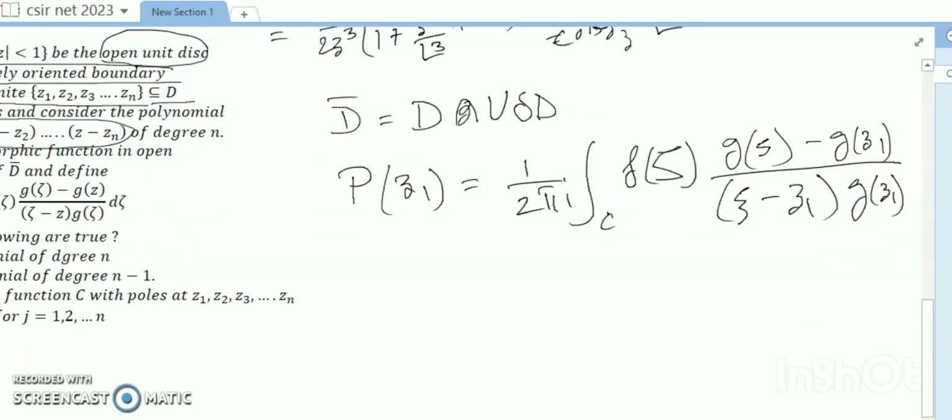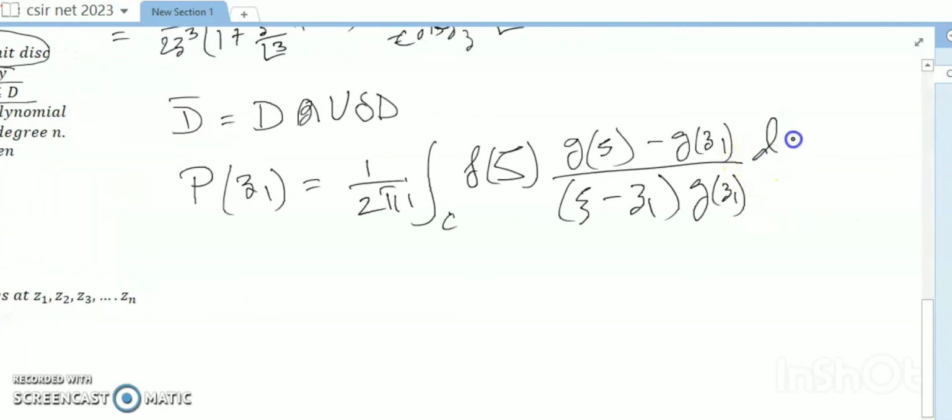Okay, so this is the formula, and d ξ. So friends, this portion is 0. Obviously this is 0, and this is not z1, this is ξ. So I can remove this portion easily. And g(ξ) cancels, so it is 1.